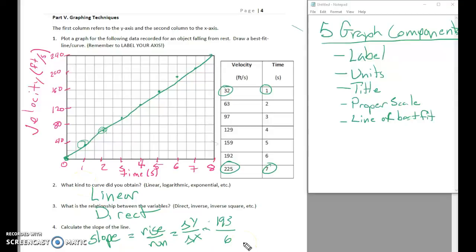So 193 divided by 6, we end up with 32.2. And the units for that, well, if we're doing delta y, the units are feet per second, and for delta x, the units are seconds. So we're going to get 32.2 feet per second per second, or feet per second squared, if you want to think of it that way.